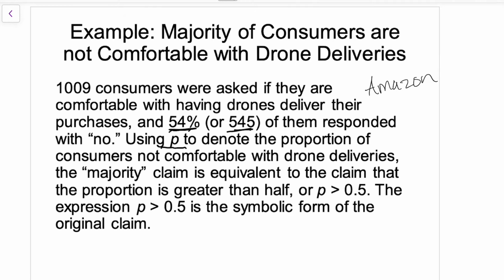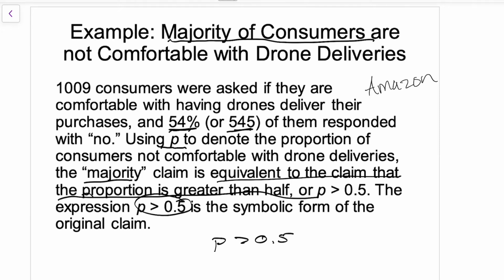P is going to denote the proportion of consumers not comfortable with drone deliveries. The majority claim, right? We're trying to claim a majority of consumers are not comfortable with drone deliveries, which is equivalent to the claim that the proportion is greater than a half, so that P is greater than 0.5.